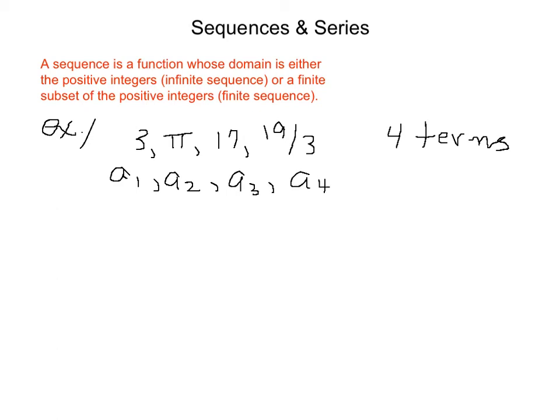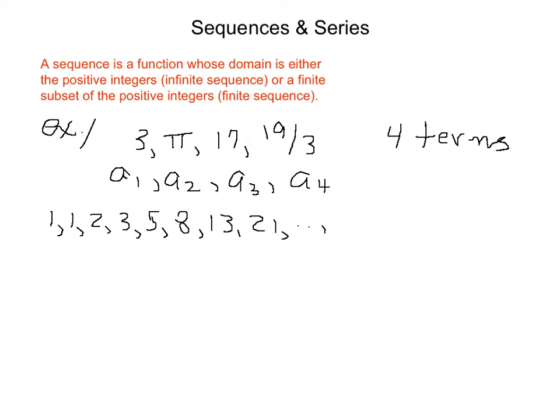Please notice these are like numbers in a function, like a of 1, a of 2, a of 3, a of 4. So you can think of the domain as being 1, 2, 3, and 4, and the range is 3, pi, 17, 19 thirds. And once again, this is a finite sequence.